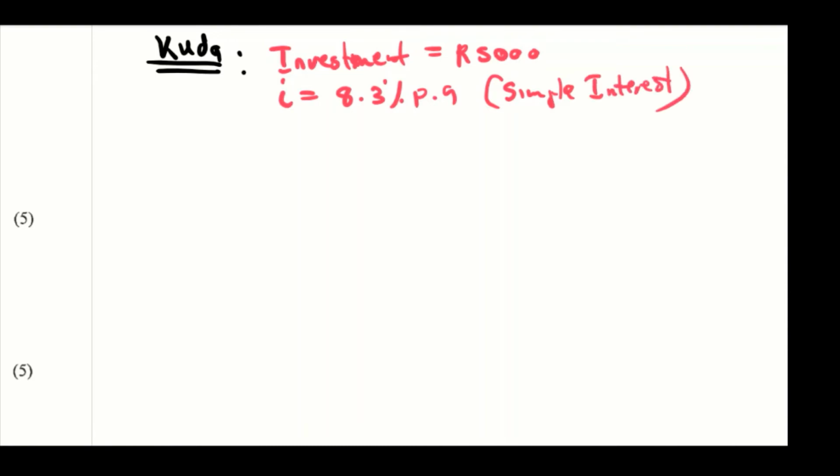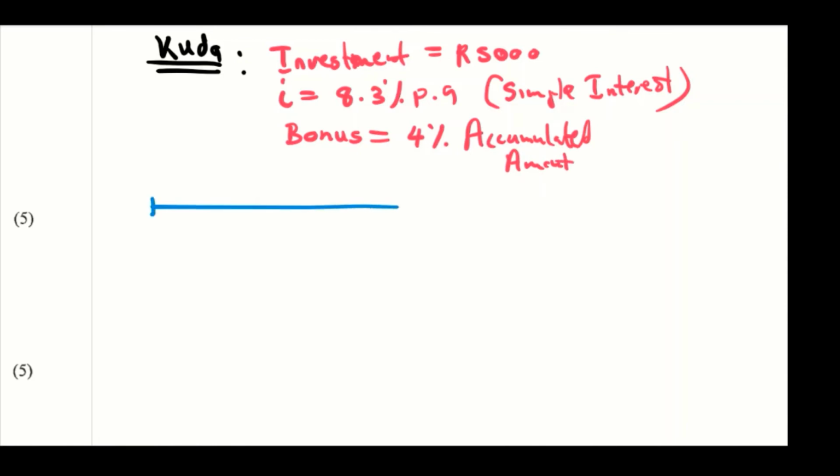And there's another thing that we are told: the bonus is 4% of the accumulated amount. So if we represent this on our timeline, we will have T0 and T4, which is the period of 4 years, and the investment of 5,000 happens here.